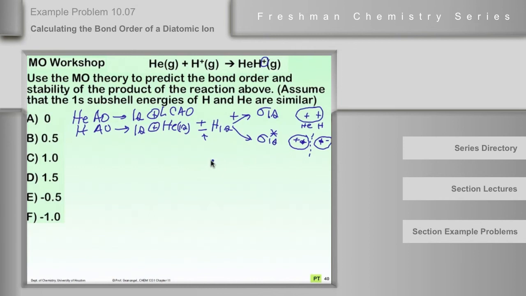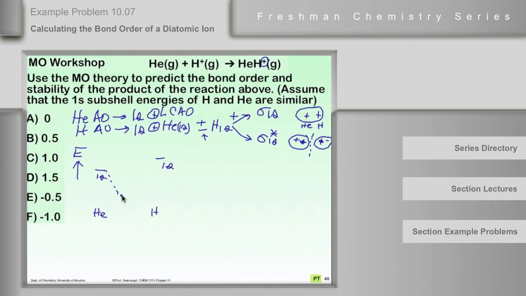So now we are ready to do the energy level diagram. So E is increasing upwards, and we'll start with helium on this side and hydrogen on that side, and the helium 1s, you should be able to make an educated guess, at this point is a little bit lower in energy, but let's just assume they're similar enough. And so this is 1s of helium, this is 1s of hydrogen.